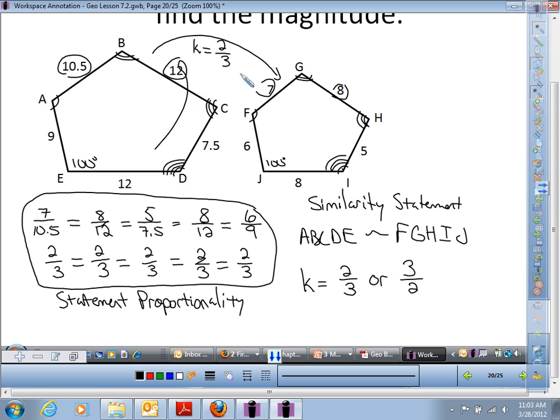So 12 times 2/3 is 8. 7.5 times 2/3 is 5. 12 times 2/3 is 8 again. So on and so forth. Now backwards, going from the small guy to the big guy, I'm getting bigger, so my scale factor would be 3/2. Okay? Because remember, 3/2 is 1.5, so everything here is 1.5 times bigger than the little guy. Not the angles, though. The angles stay the same. All right, so that's what we're doing today.